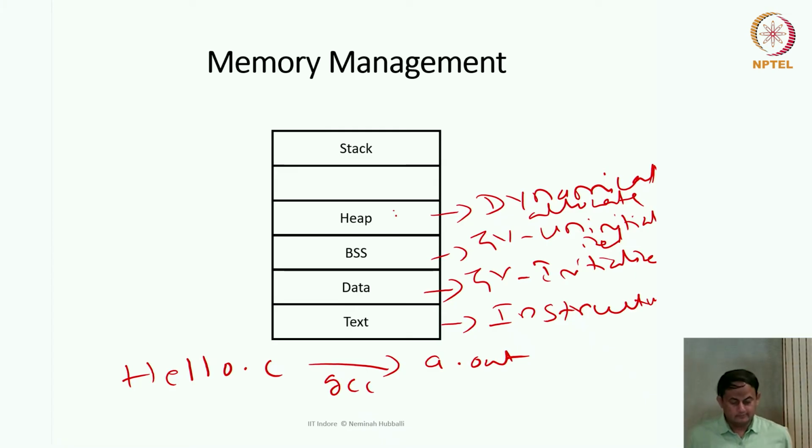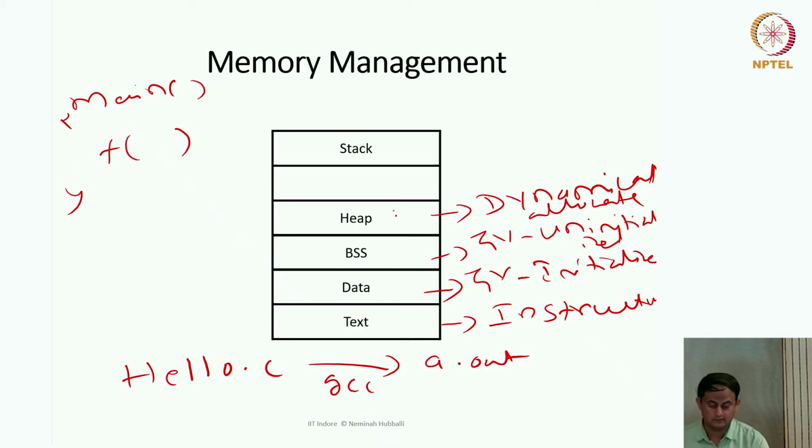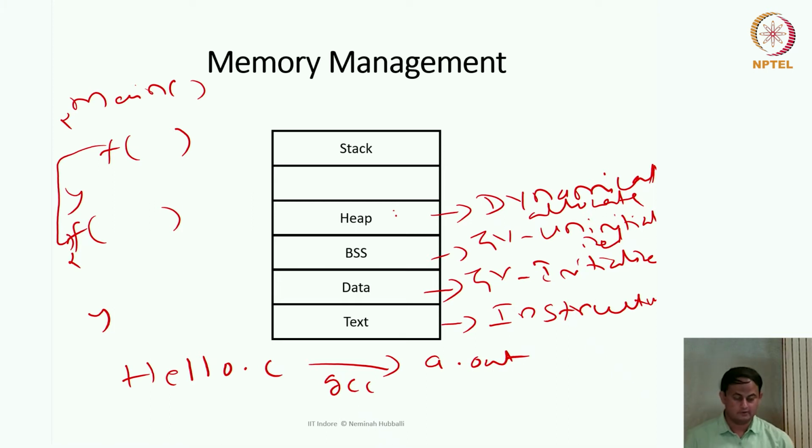And every time a function call is made, let's take this example. Again, the C program has the main function, and within that I have function f. The definition of f is made here. When the control jumps to f, when the call is made, the return address is needed.